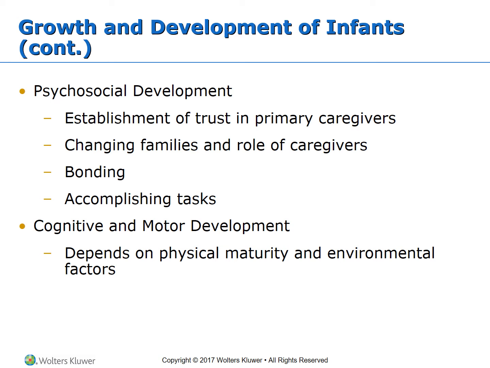Establishment of trust in primary givers. If they do not establish the trust, the later challenges of autonomy and initiative will be delayed. Changing families and role of caregivers. They usually have a variety of caregivers. They may need outside support systems depending on the family's situation.